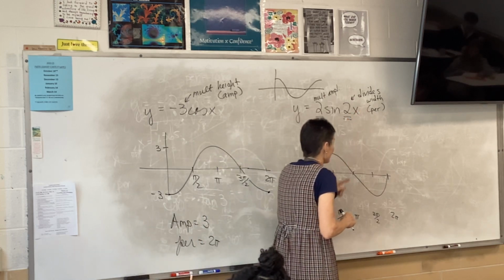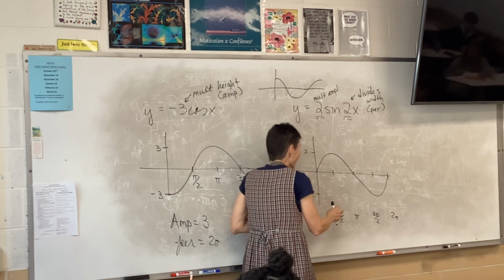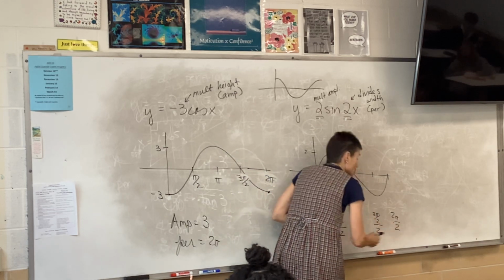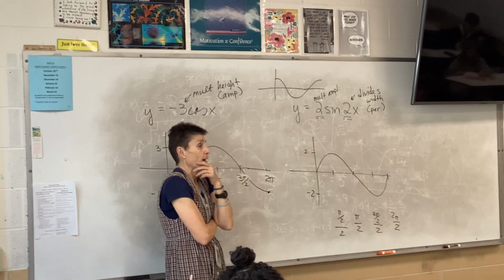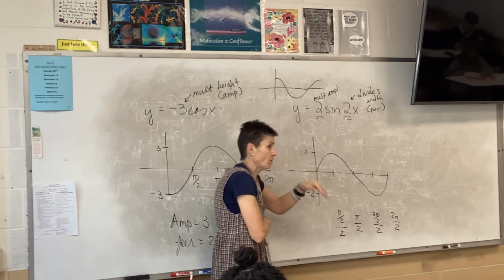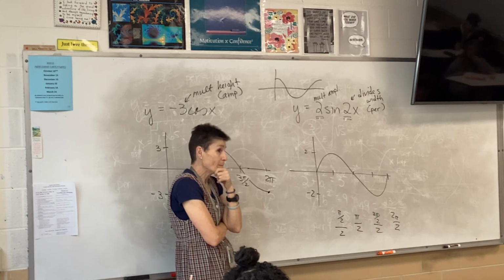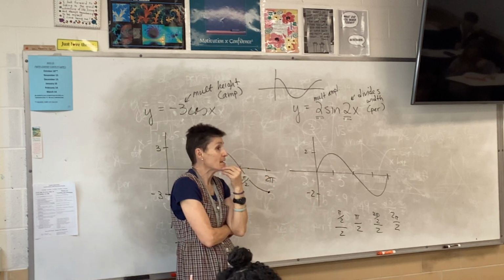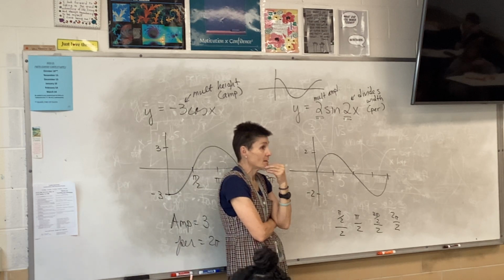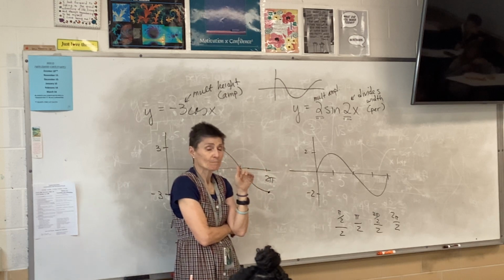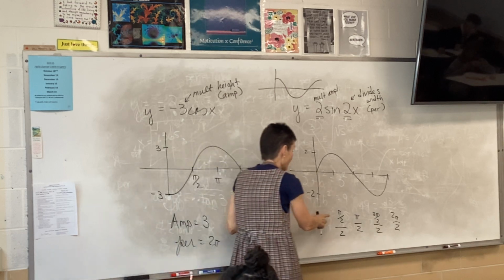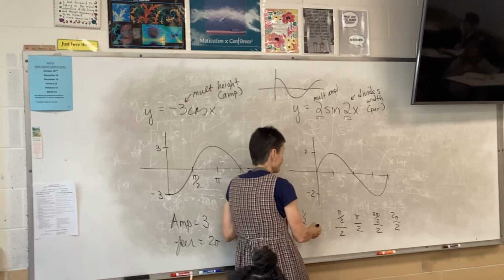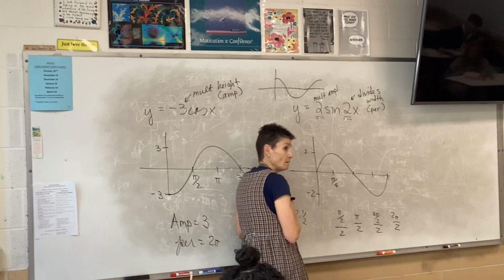This is a divider, so dividing by 2, I have to take each one of these and divide by 2. Since fractions are involved, you might think about dividing by 2 as being the same as multiplying by 1/2. That's up to you, but somehow you got to figure out what pi over 2 divided by 2 is, and that's pi over 2 times 1/2. So this label is now pi over 4.